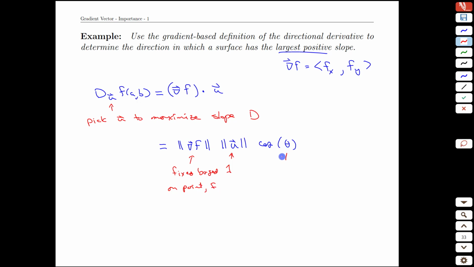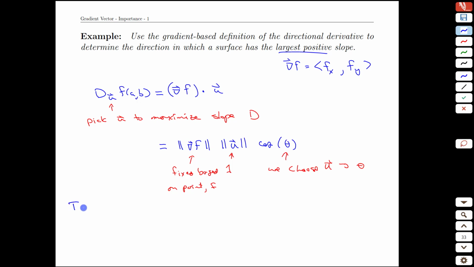And so the only thing that we can choose is the u vector, which modifies the angle theta. So if we choose different u directions, we're going to get different angles, and we're going to get different cosines of angles. So what should we pick to maximize this value?